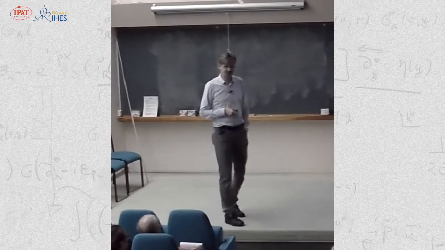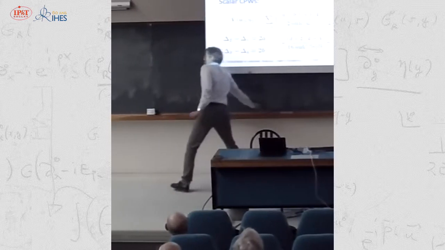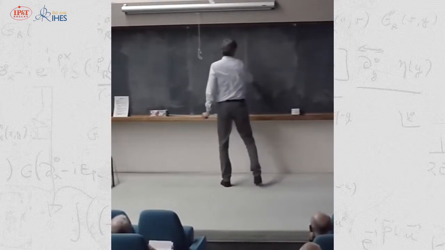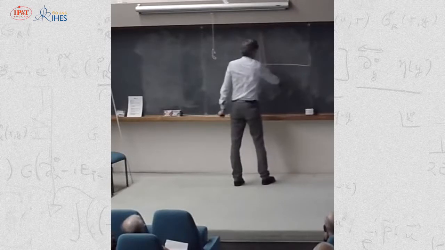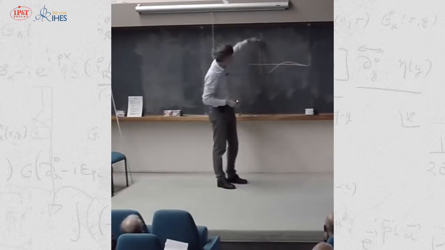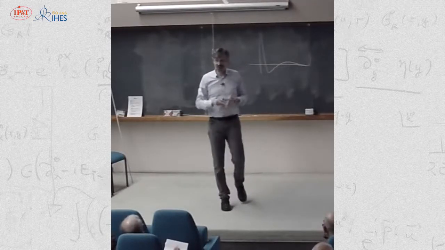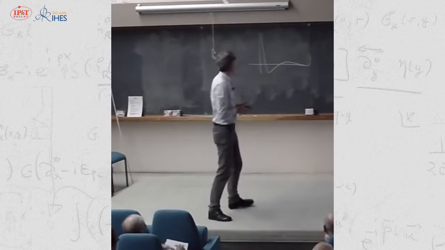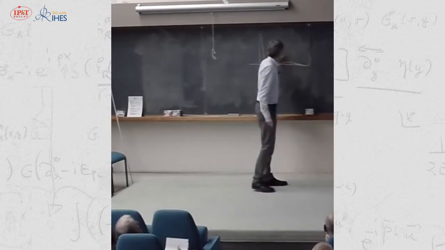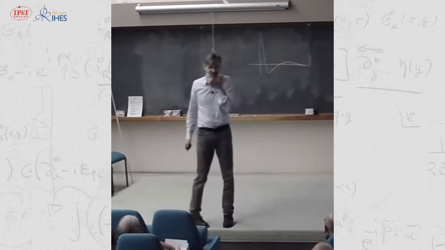The potential would then look something like this. Depending on parameters a and b, you have an exponential wall at u equals 0, and then something that goes to 0 at infinity. So you can study the quantum mechanics of this potential.